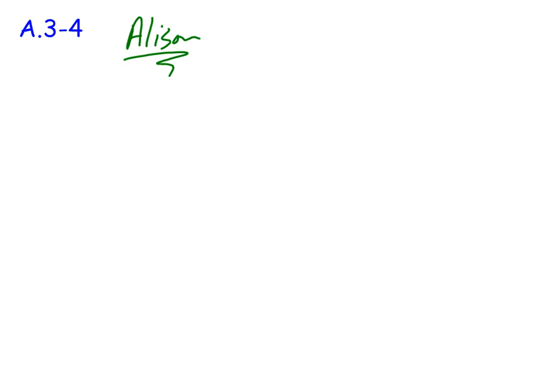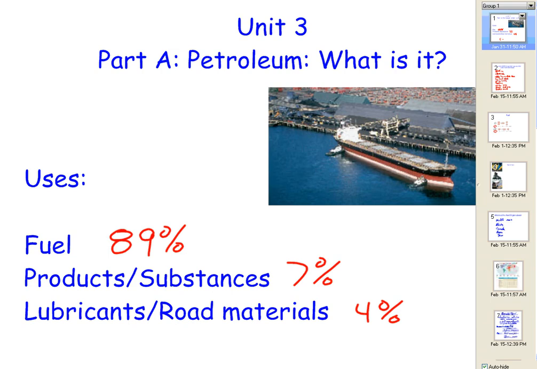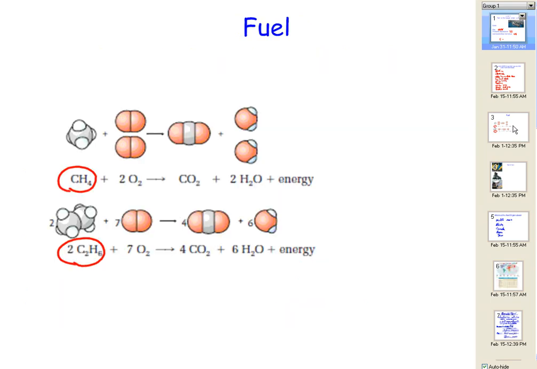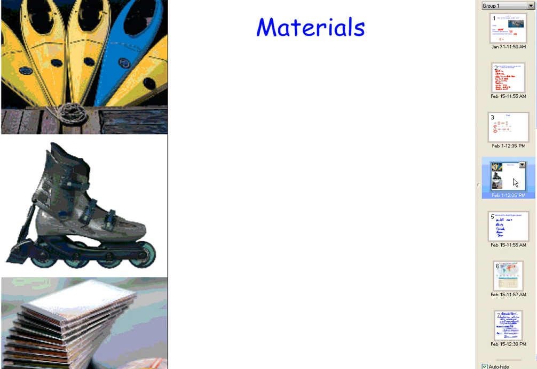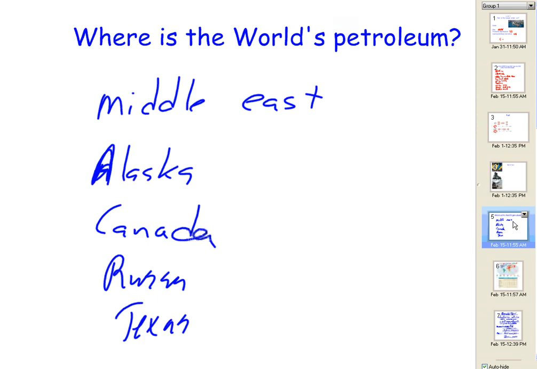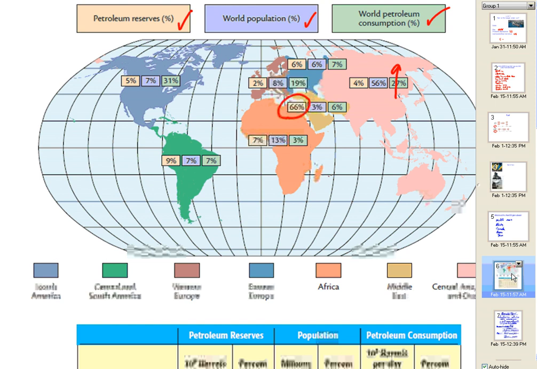Who has A5? So let's take a look at A, 3, and 4. Fortunately, we have Mr. Horsley's awesome notes here, right? So 4 and 5. So in this part, we left off stuff, right? I'm not sure why we left off all of this stuff.